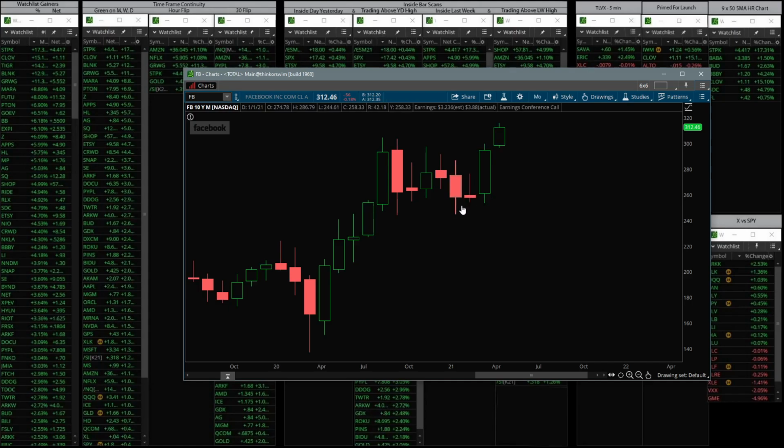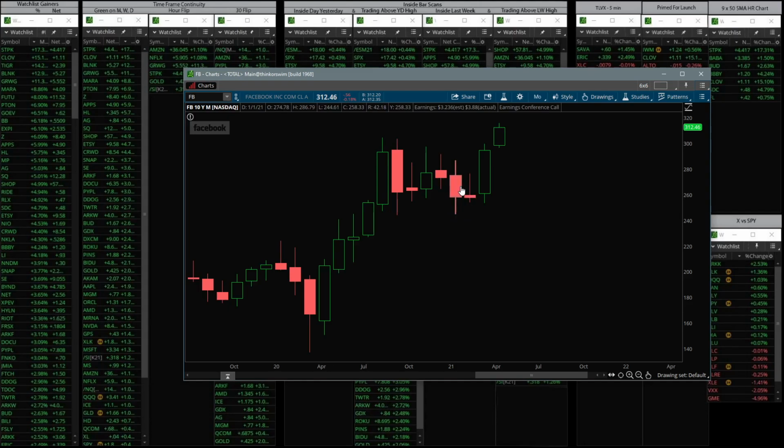So this is just a chart of Facebook. And what we're looking at here is this red bar right here. Now this will be considered an inside bar, or according to the strat, it will be called a 1. And the reason why it's called an inside bar is the high did not take out the high of the previous bar, and the low did not take out the low of the previous bar.